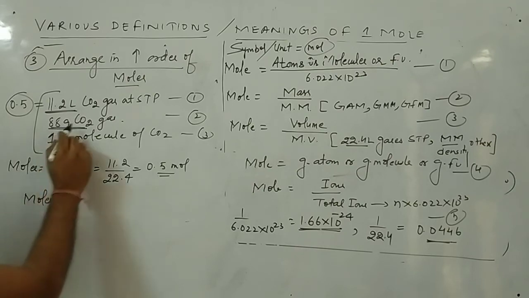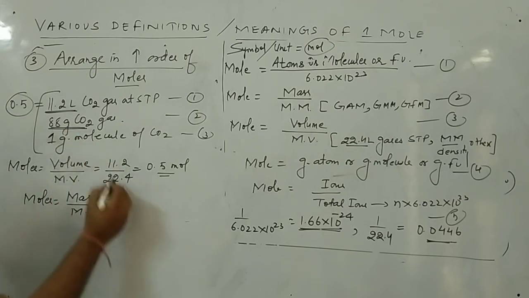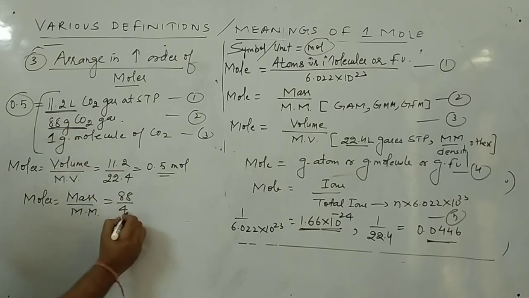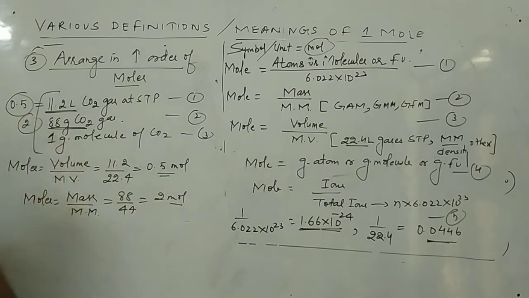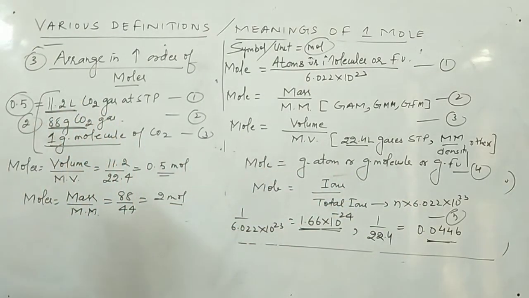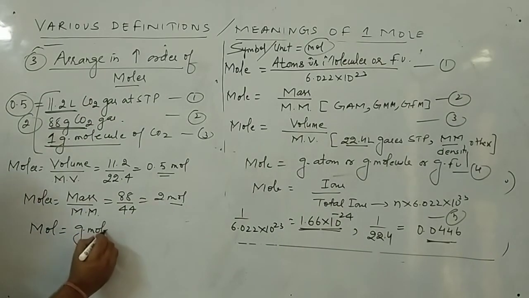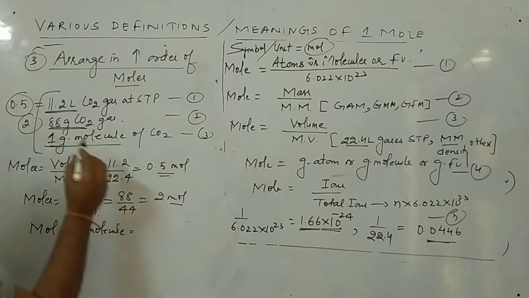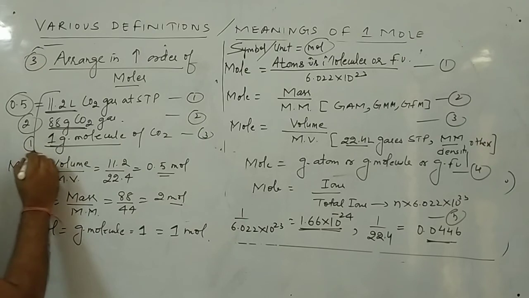Moles is equal to, whenever mass is given, mass upon molar mass. Mass is 88 and molar mass we have calculated as 44. So 2 moles. Third, 1 gram molecule. If gram molecule is given, then mole is equal to gram molecule, and how many gram molecule is given? 1. So this is equal to 1 mole.